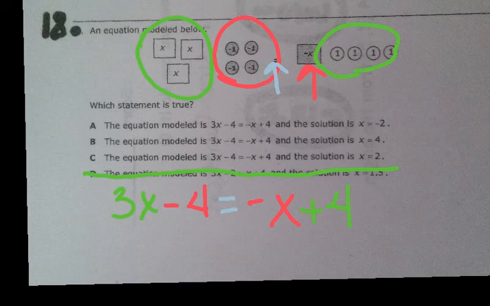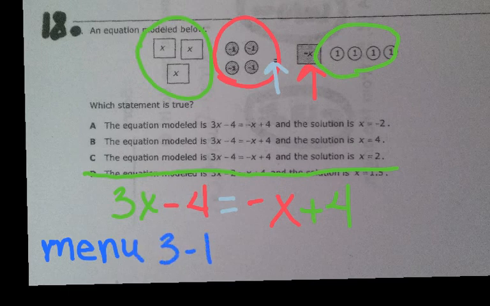Then you have to solve for x. I'm going to show you how to solve for x on the calculator without having to solve for it by hand. You're going to click on menu. Then click 3. Then click on 1 where it says numerical solve. And then you're going to type this in the calculator exactly the way it looks.